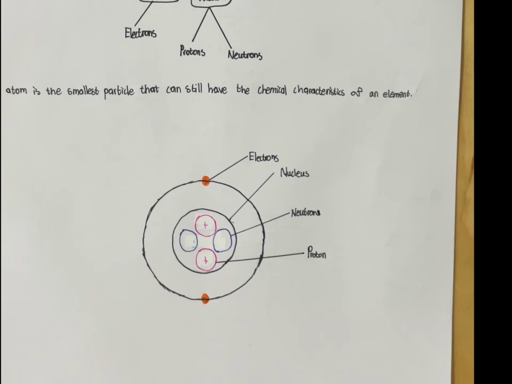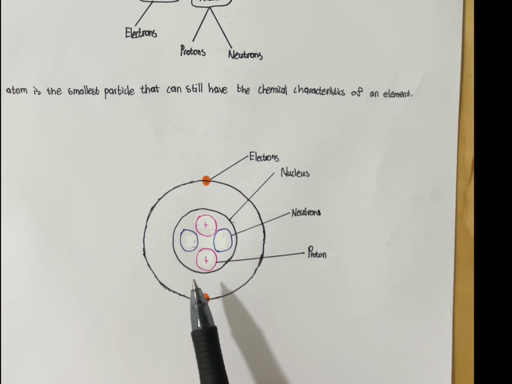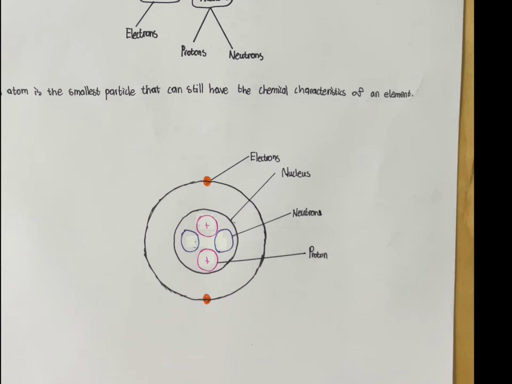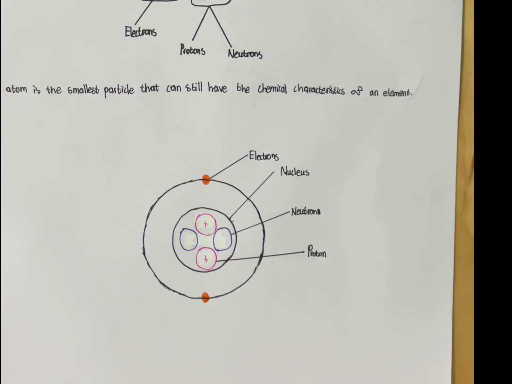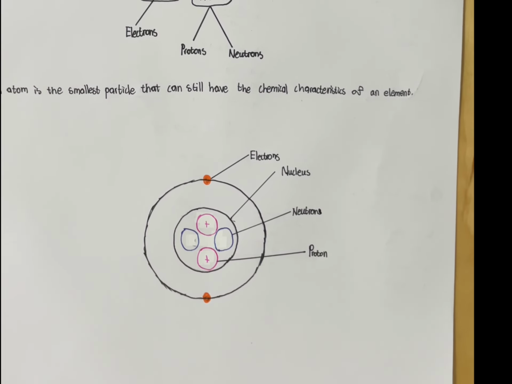And now let's get into the characteristics of these. The nucleus is the part of the atom that contains protons and neutrons, basically the two heaviest subatomic particles, the two with the most mass.